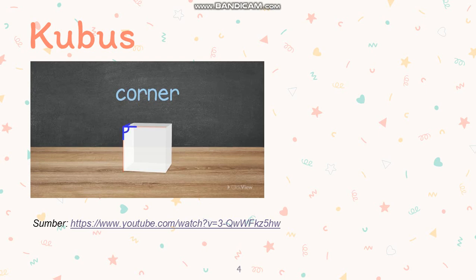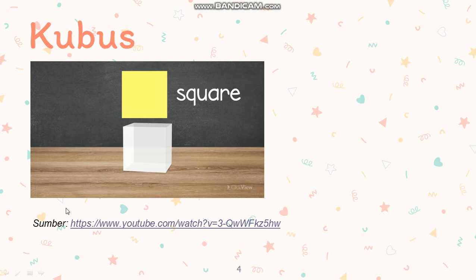A corner can also be called a vertex. The faces of 3D shapes often contain 2D shapes that you may already know. Pada kubus, setiap sisinya ini adalah berbentuk persegi. Maybe you can recognize some of these 2D shapes as we go through a few examples.